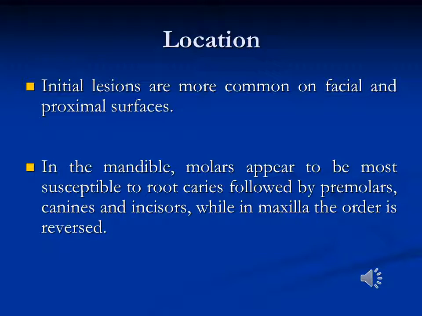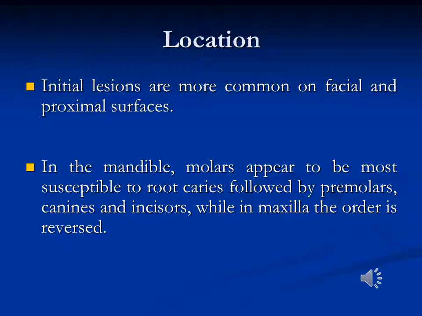And this can be explained through the position of the openings of the salivary glands. As we all know, we have the submandibular salivary glands, where the orifices of the submandibular salivary glands are usually lingual to the lower incisors, in the mandible.